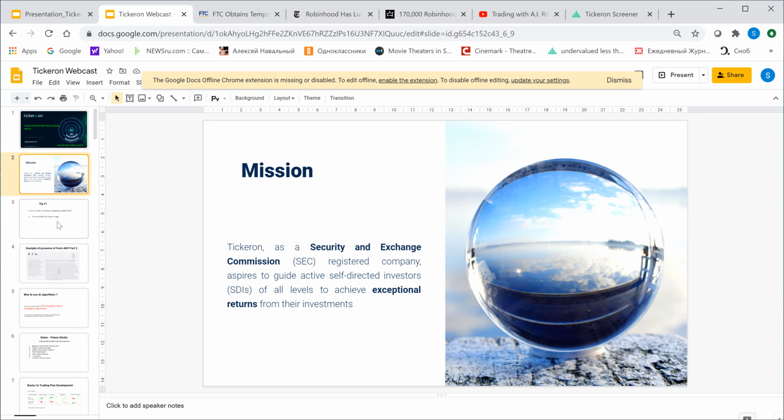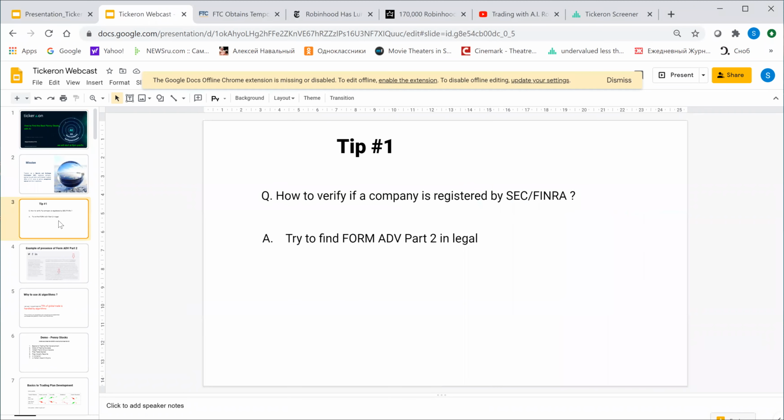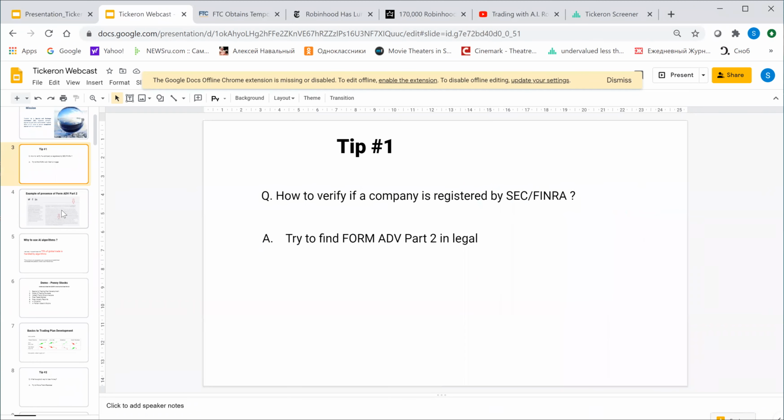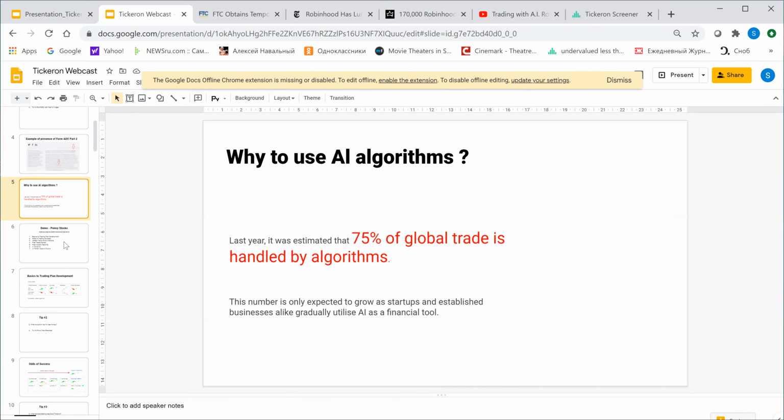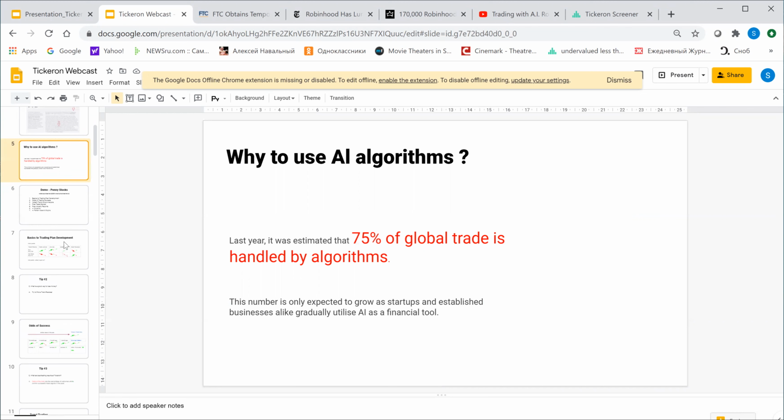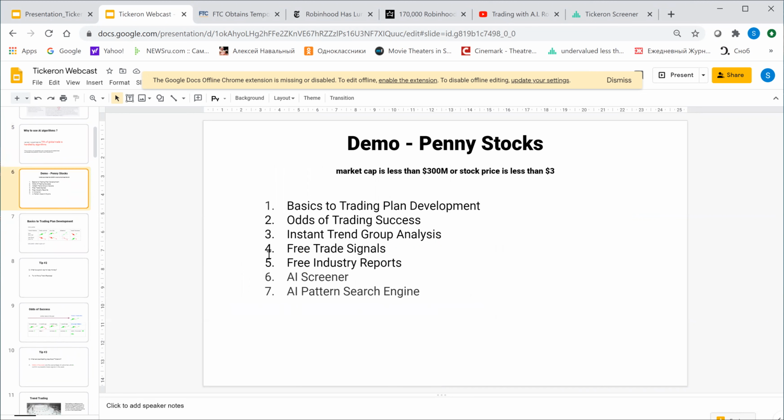I'm not going to cover all the other stuff related to this introduction, and I'm not going to talk a whole lot about why you need AI algorithms. With regard to penny stocks, the market cap should be less than 300 million, or the stock price less than $3, okay?